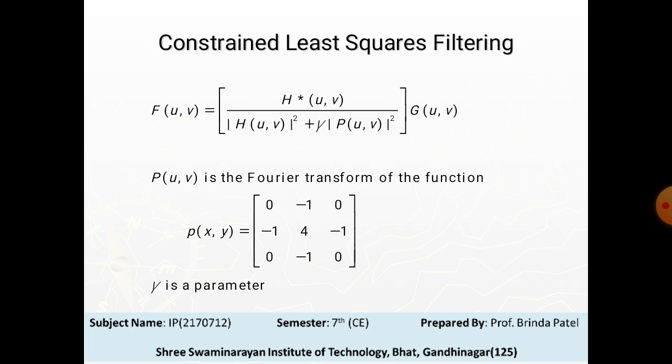It is important to know that p(x,y), as well as all other relevant spatial domain functions, must be properly padded with zeros prior to computing their Fourier transforms. This equation reduces to inverse filtering if gamma is 0.